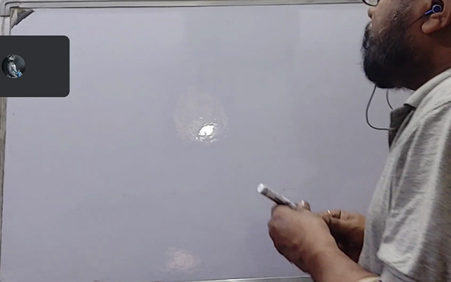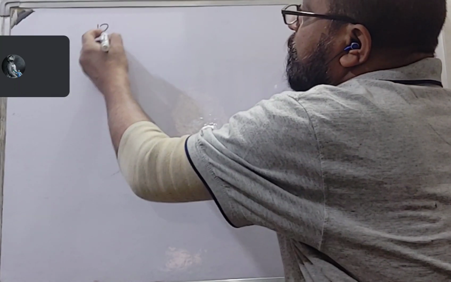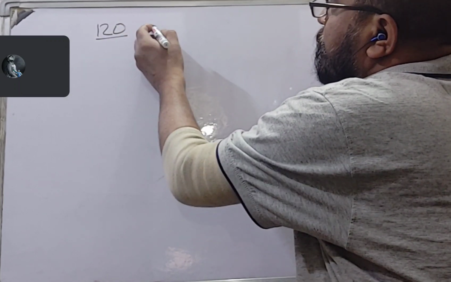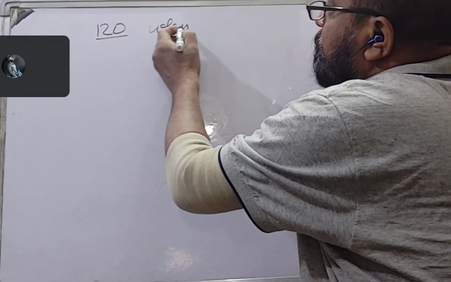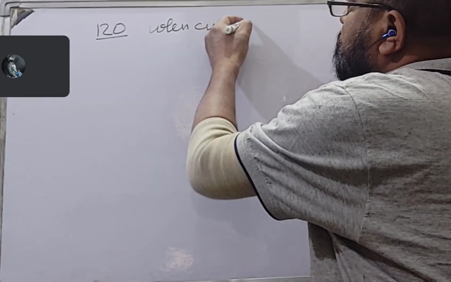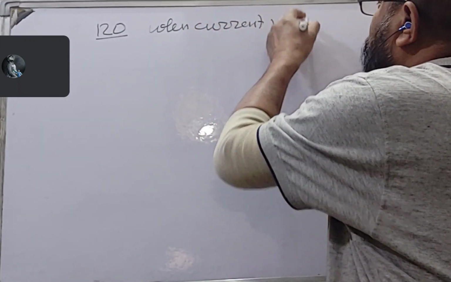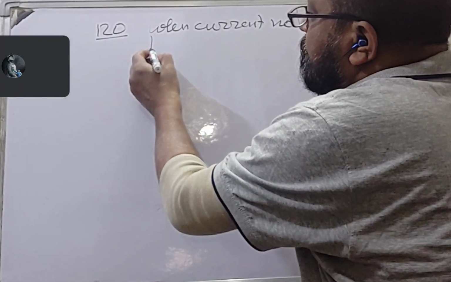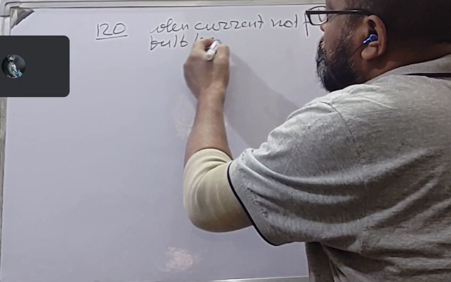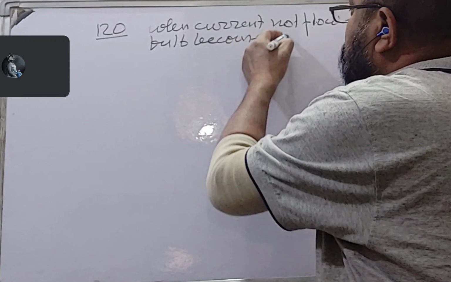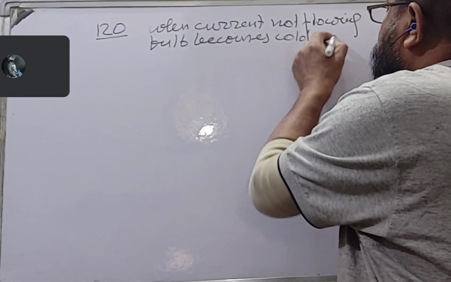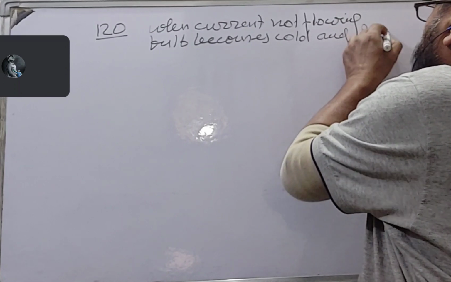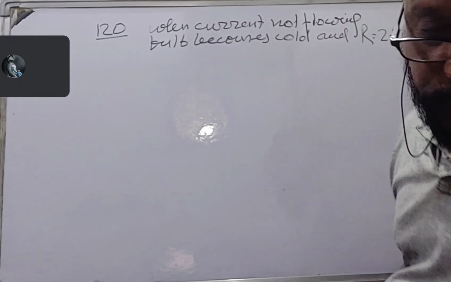Now a torch bulb when cooled has a resistance of 2.5 ohm, meaning the initial resistance when current is not flowing. This is question number 120. When current is not flowing, the bulb becomes cold, and the resistance is equal to 2.5 ohm, right?